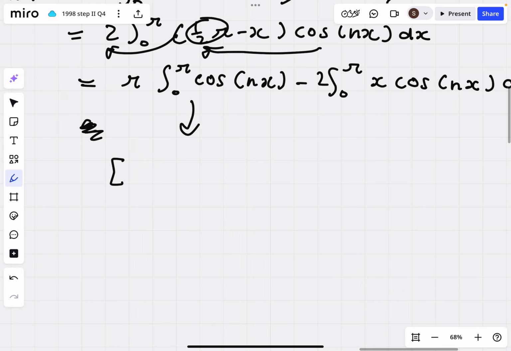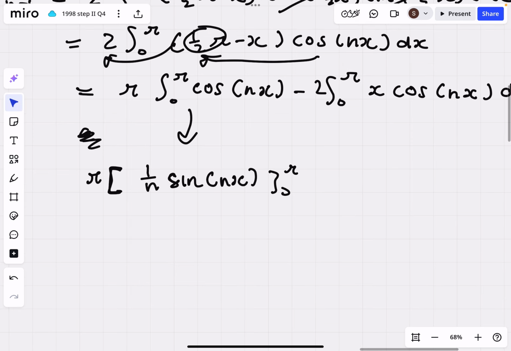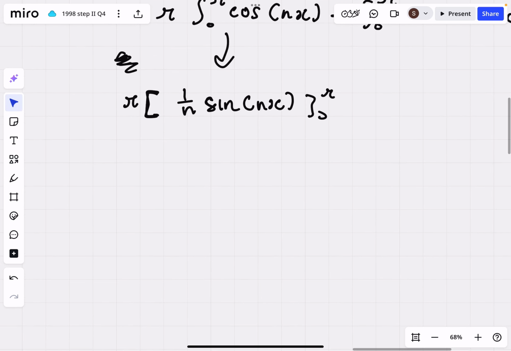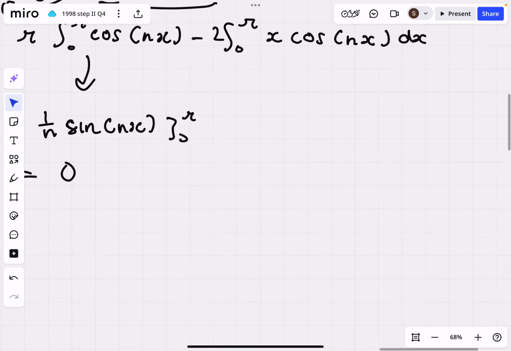Cool. So first, this integral, let's evaluate. This becomes pi multiplied by 1 over n sine nx from 0 to pi, or at pi sine nx is 0, and at 0 sine nx is 0. So this whole integral just equals 0.